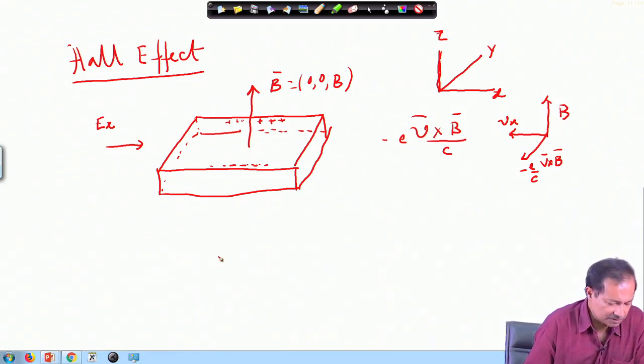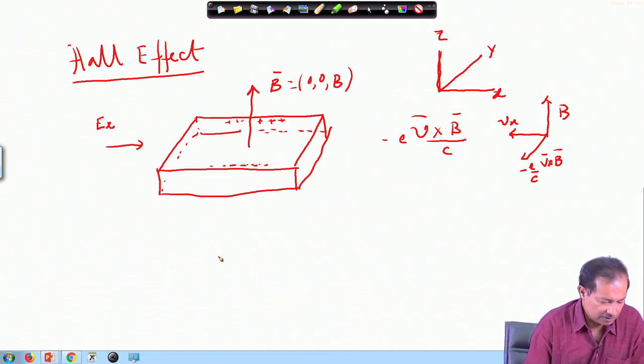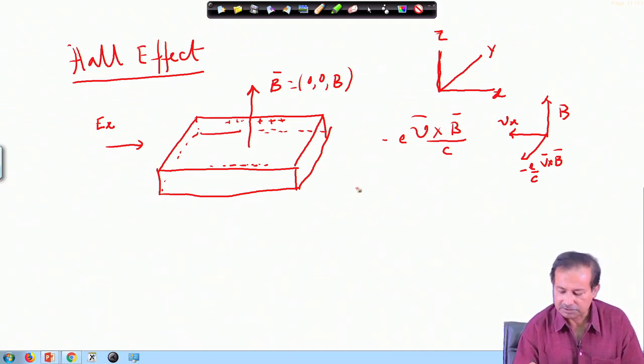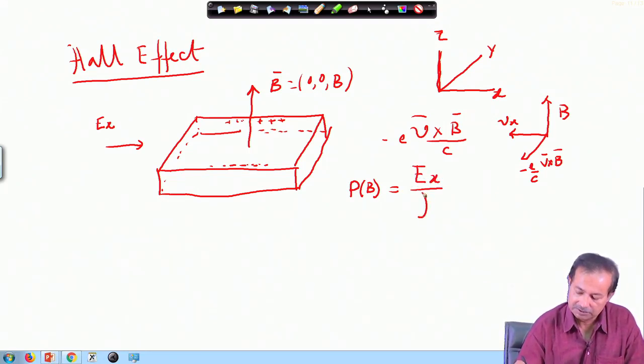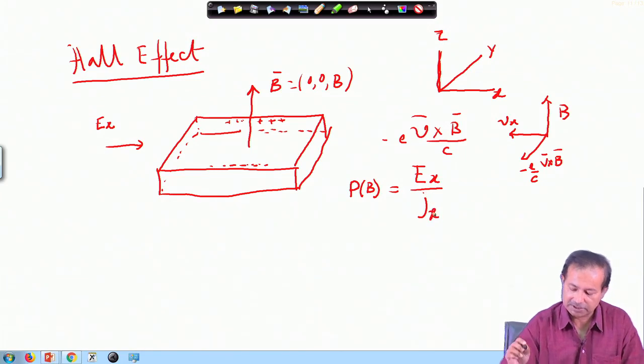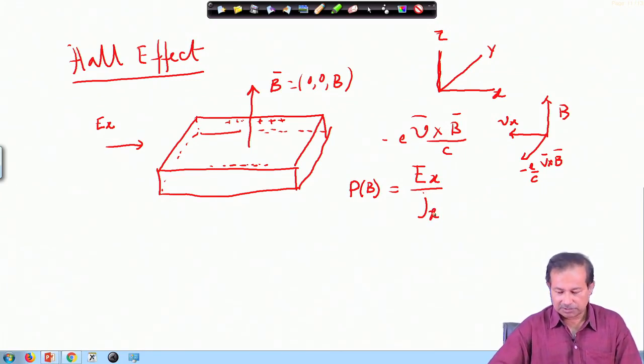So, there are two quantities that one needs to define here. One is this quantity, E_x by J_x, which is called magnetoresistance, simply because there is a magnetic field.